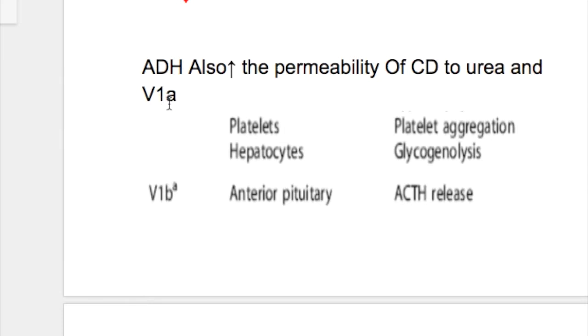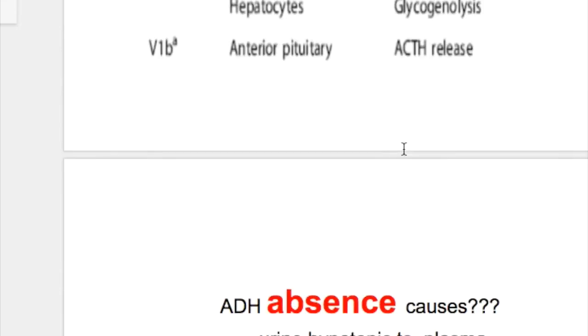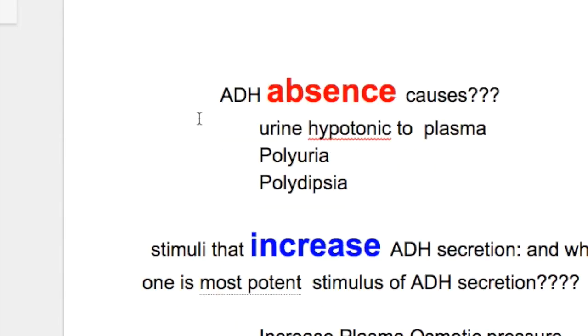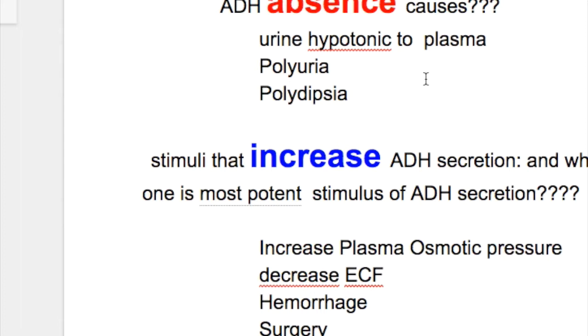Acting on the V1 receptor present on platelets and hepatocytes, it causes platelet aggregation and glycogenolysis in the liver. Acting on the V1B or V3 receptors on the anterior pituitary, it causes ACTH release. What are the effects of ADH absence? Urine becomes hypotonic to plasma. There is polyuria and polydipsia.